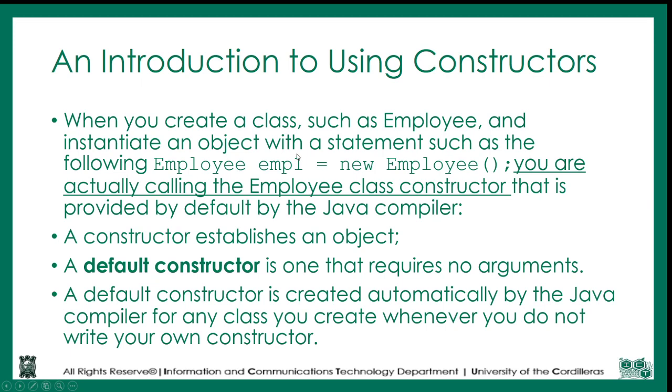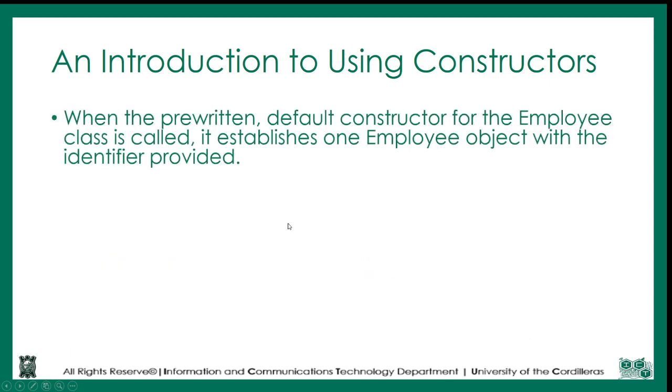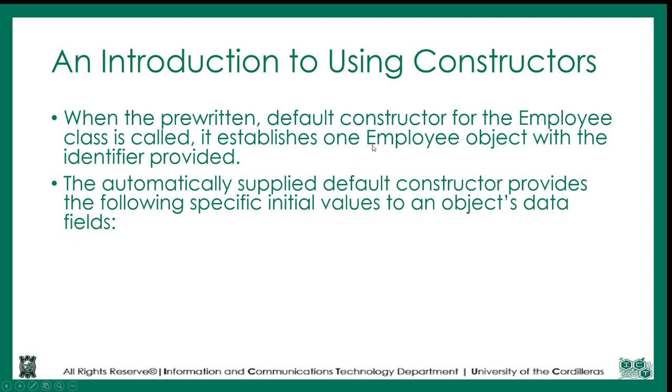It's created automatically by the Java compiler for any class that you create whenever you do not write your own constructor. So when the pre-written default constructor for the Employee class is called, it establishes one Employee object with the identifier provided. The automatically supplied default constructor provides the following specific initial values to an object's data.